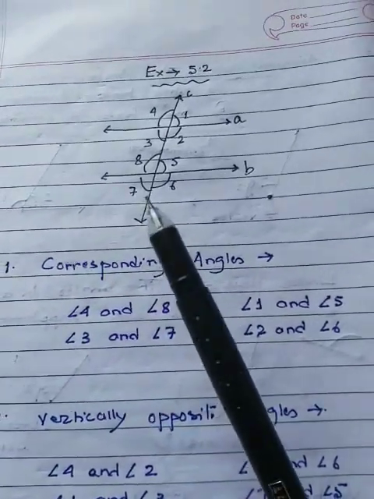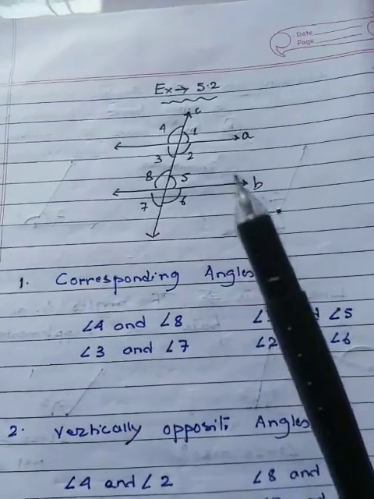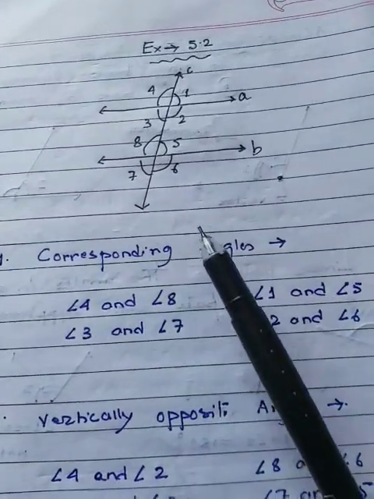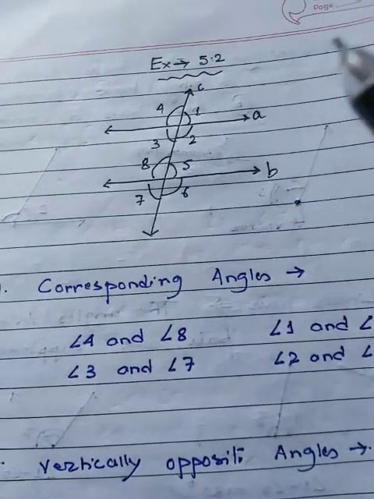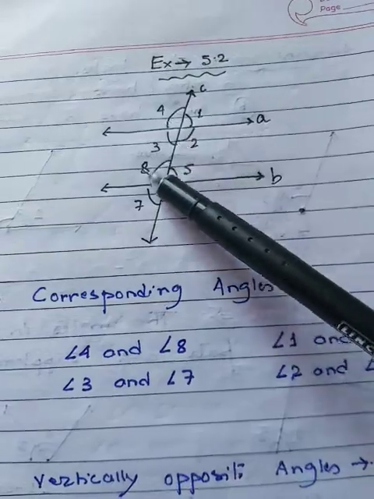The first thing that we'll learn is corresponding angles. You have to know which angles are corresponding angles, and as a reminder, corresponding angles are all equal to each other. Angle 4 and angle 8 are on the same side of the transversal.